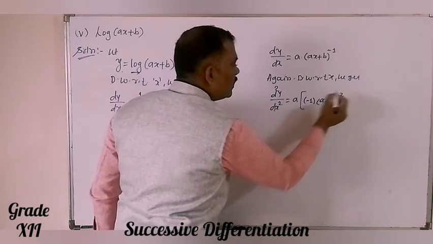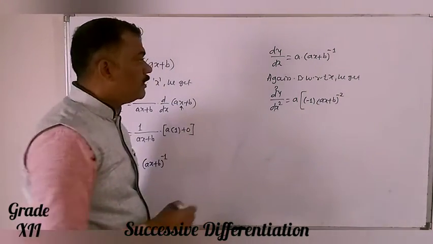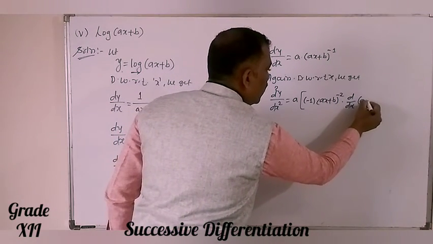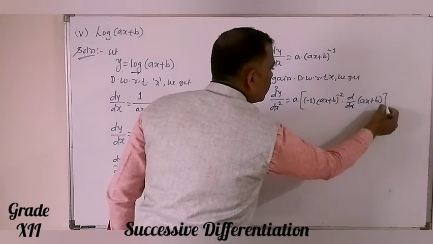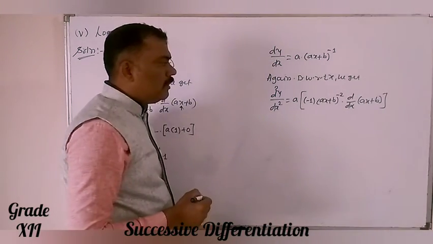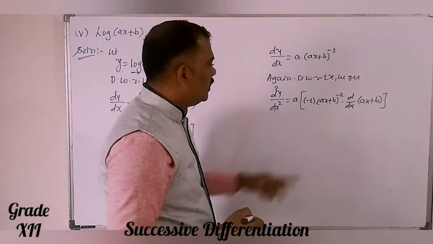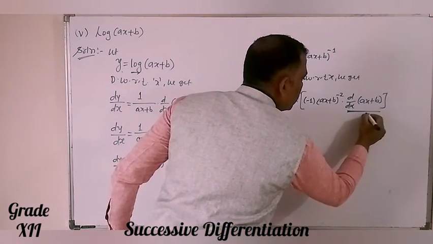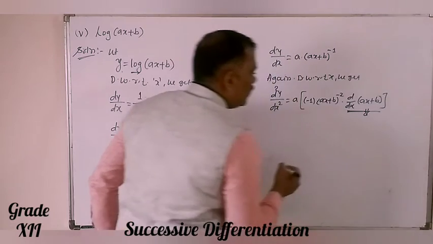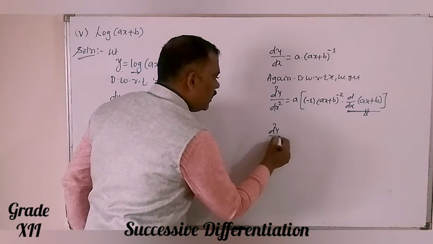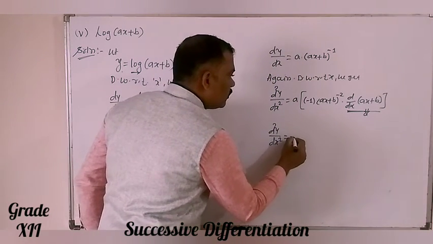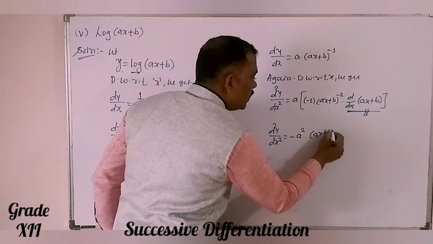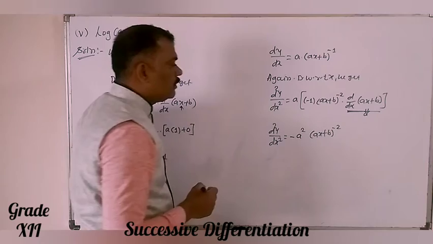From the power we subtract 1, so the power is minus 2, into d by dx of ax plus b. We know the derivative of ax plus b is nothing but a, so a into a, so we can write d2y by dx square is equal to minus a square into ax plus b raised to minus 2.